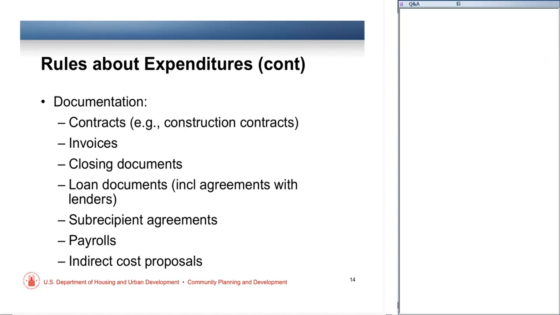Finally, as I mentioned earlier, if you're going to charge indirect cost, you need an indirect cost proposal that would have been prepared in accordance with the OMB circulars, and in certain cases submitted to the cognizant agency for the grantee or subrecipient for negotiation and approval. But that would be the source document for indirect costs that are incurred.